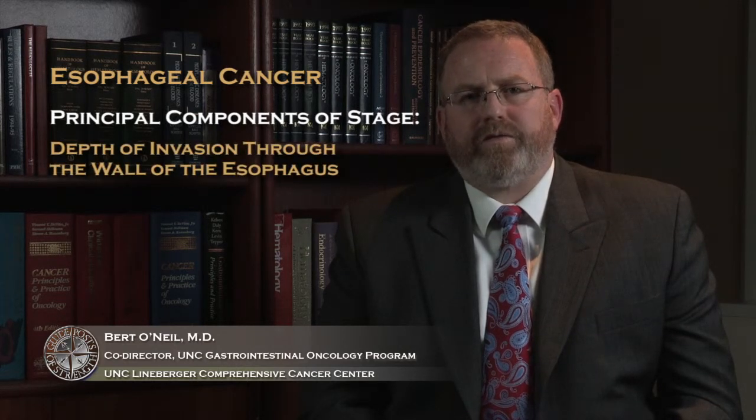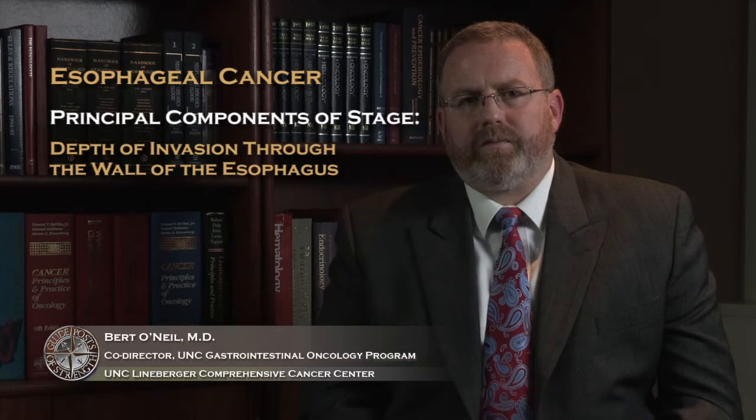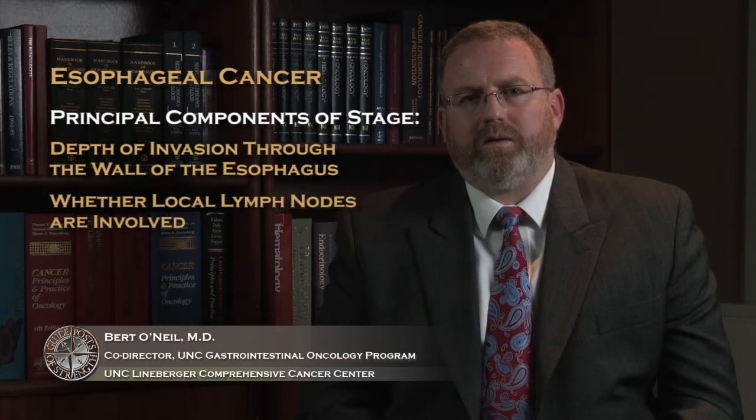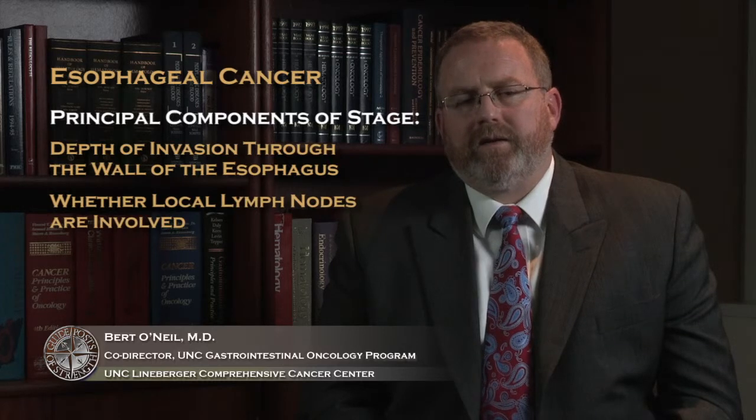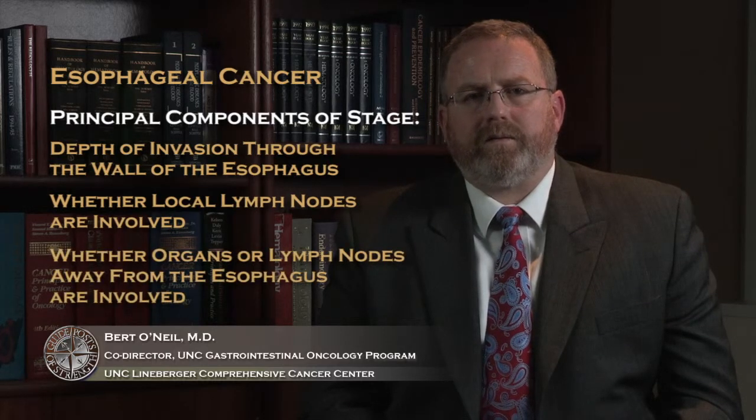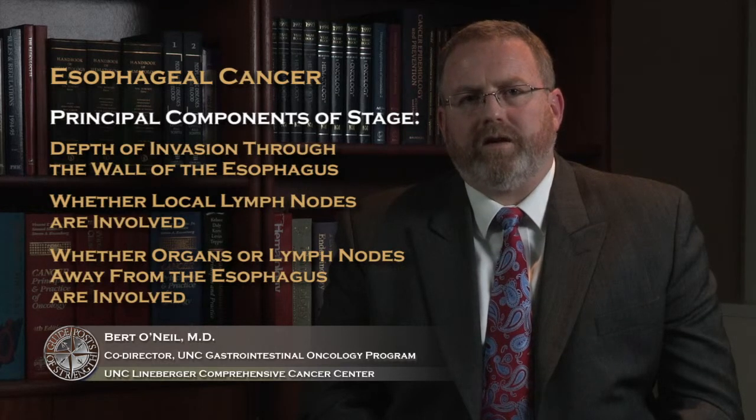The principal components of stage are the depth of invasion of the cancer through the wall of the esophagus, whether local lymph nodes are involved, and lastly, whether organs or lymph nodes away from the esophagus are involved.